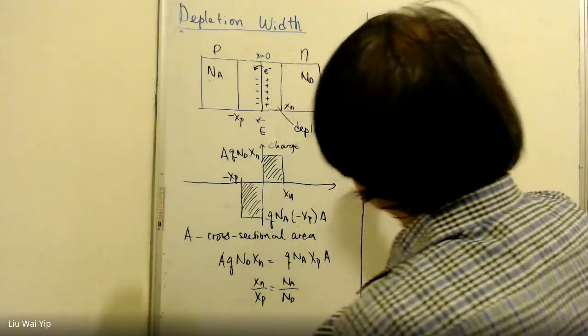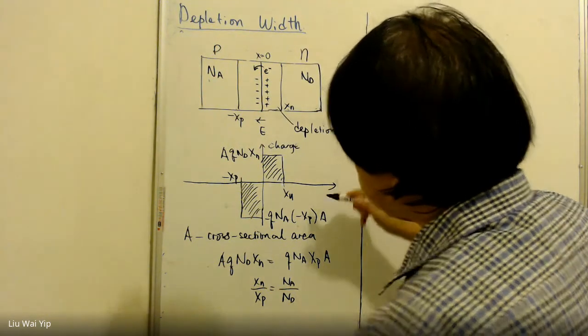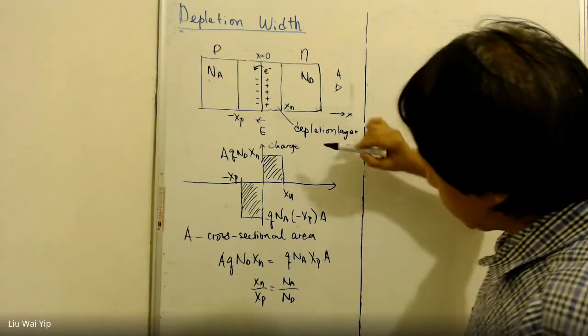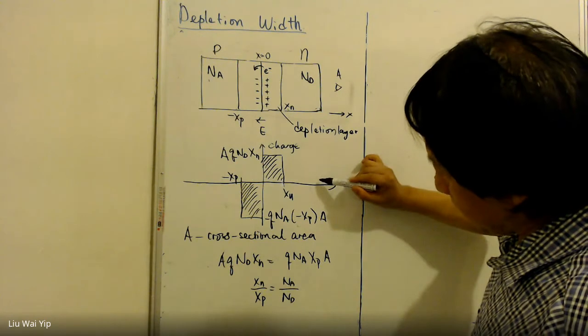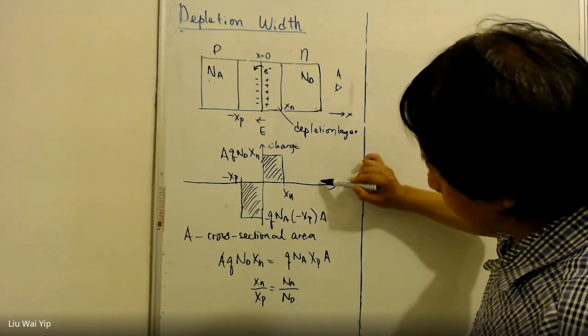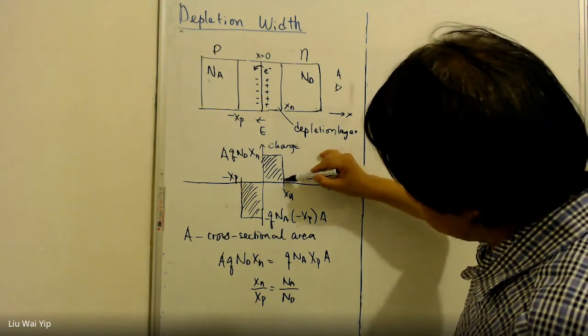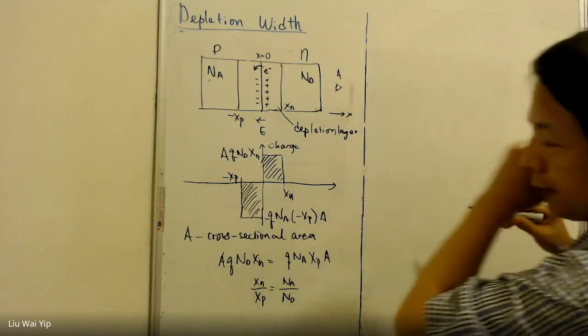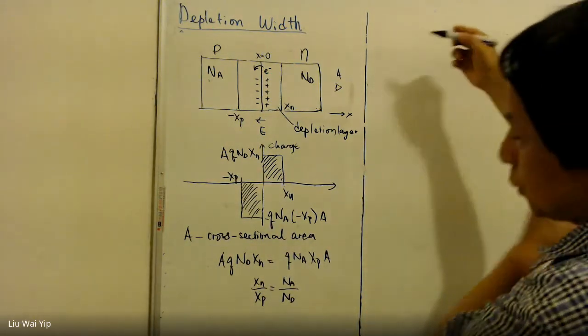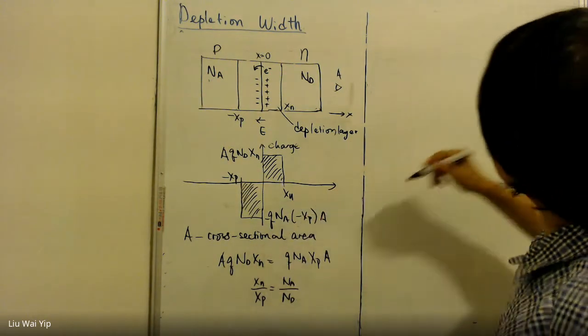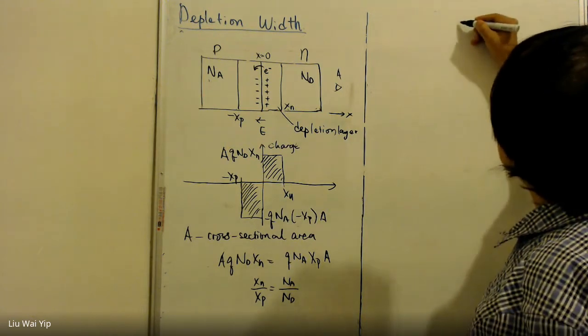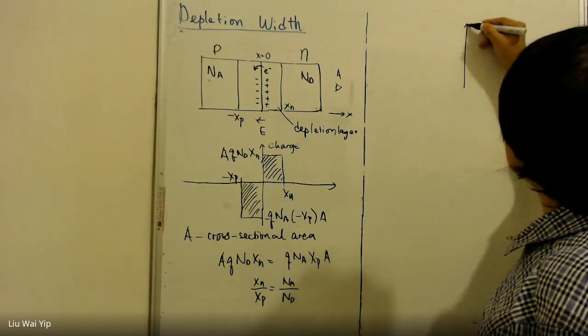For exactly the same reason, the electric field will be zero until it reaches the border on the N side. So what we are going to do is draw the electric field. Suppose the vertical axis is the electric field.